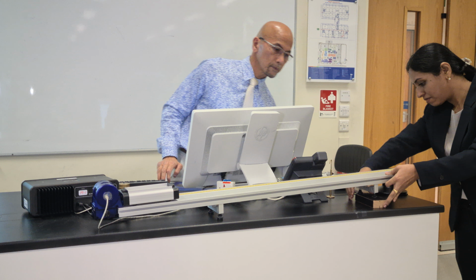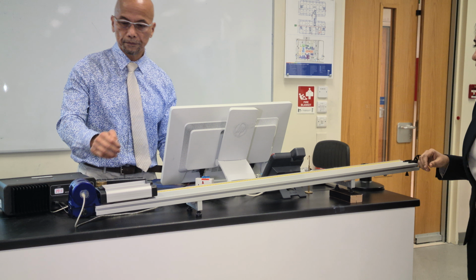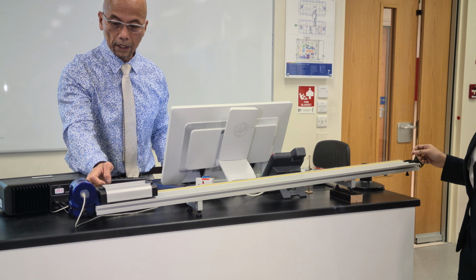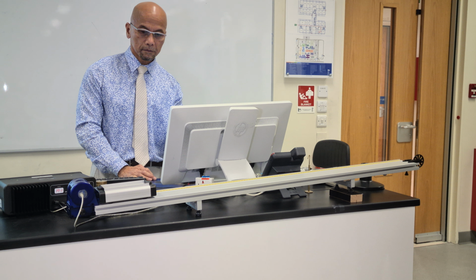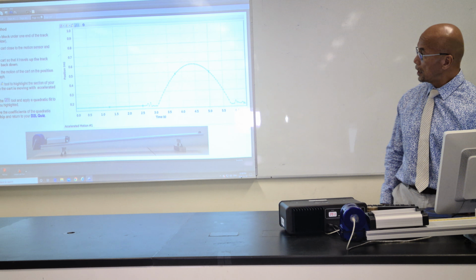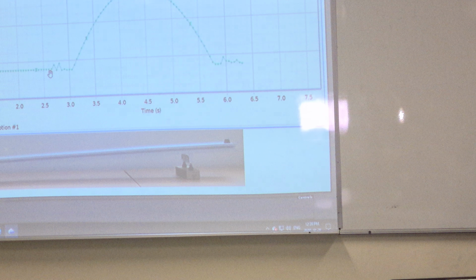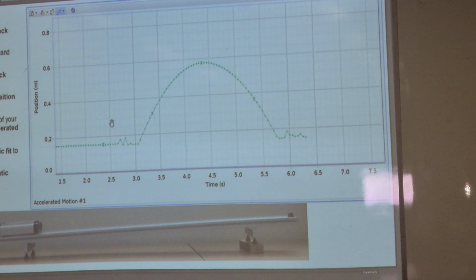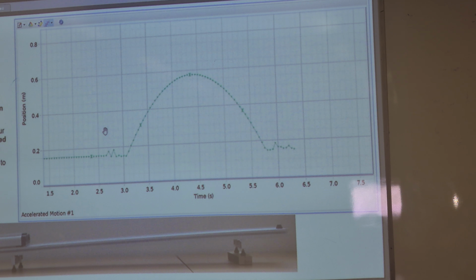Okay, good. So record this again. All right, as you can tell, it's not linear anymore. So what that means is that this graph is actually quadratic.